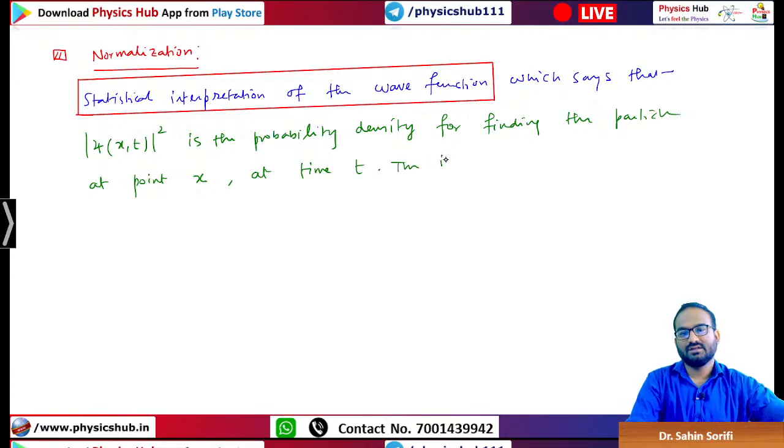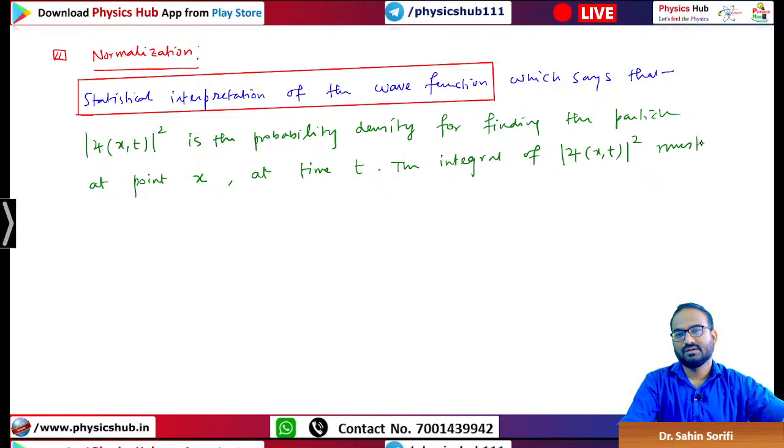The integral of mod psi of x,t whole square must be 1. The meaning of this is, the particle needs to be somewhere.